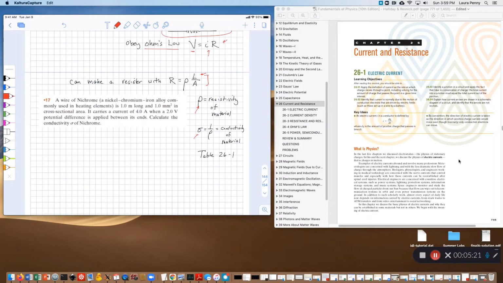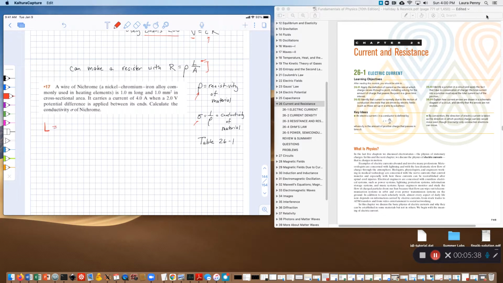So number 17 says we're going to have a wire made of a nickel, chromium, iron alloy. It's going to be 1 meter long. So our L is this 1 meter, and the cross-sectional area is 1 square millimeter.